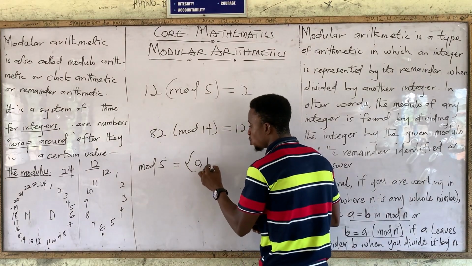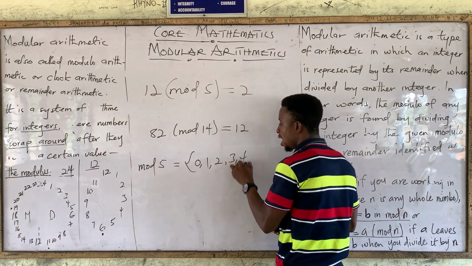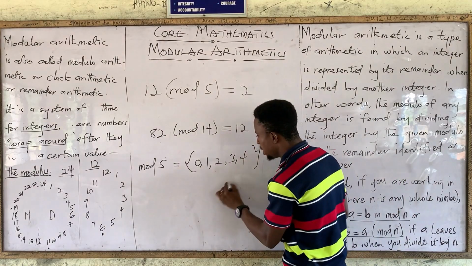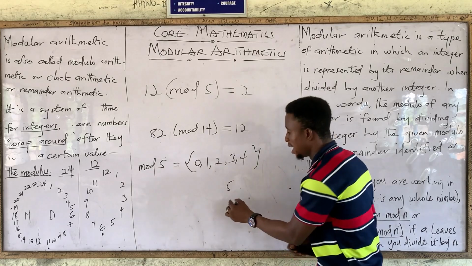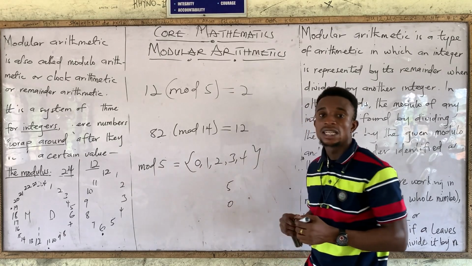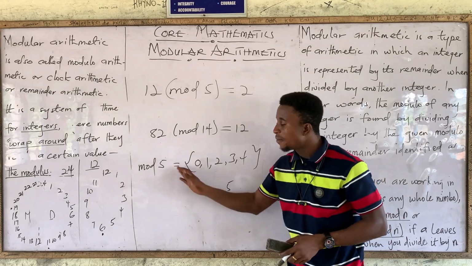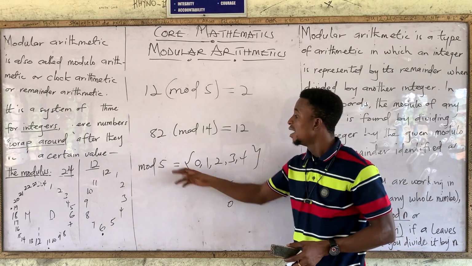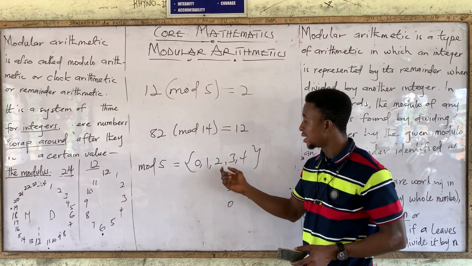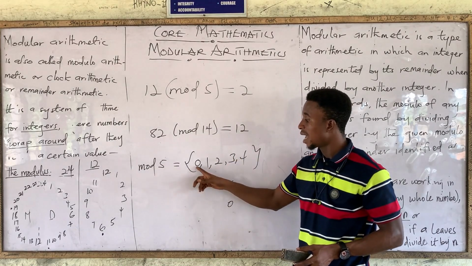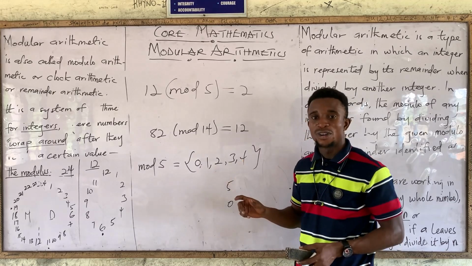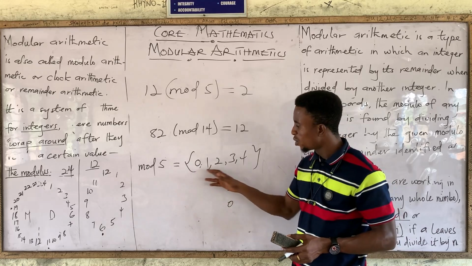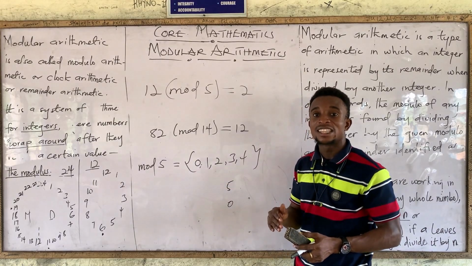We can also have 1, 2, 3, and 4. Immediately it gets to 5, meaning we can still get 5 from here, and that one will get as the remainder 0. So the possible remainders that we can get are 0 to 4. And we can say clearly that this one also stands for a digit.